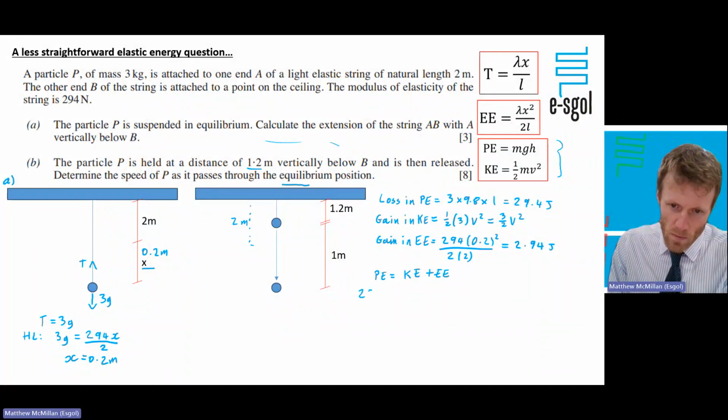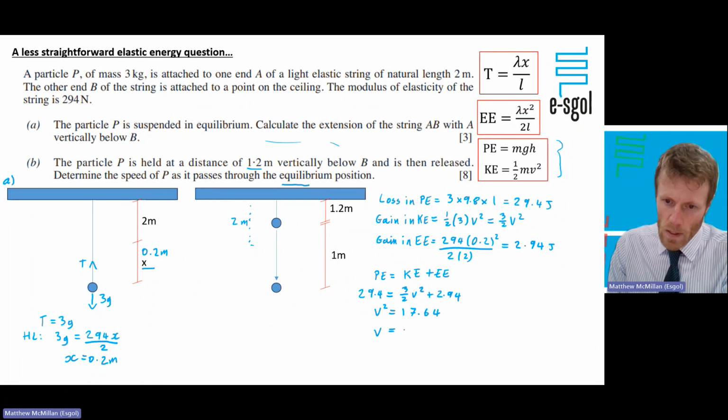So 29.4 equals 3 over 2 v squared plus 2.94. V squared is 17.64. So V is 4.2 meters per second.